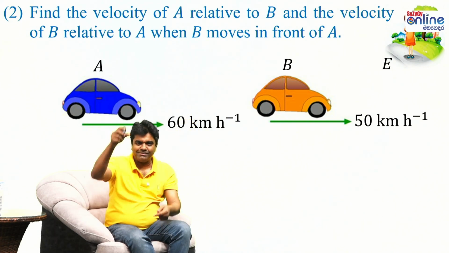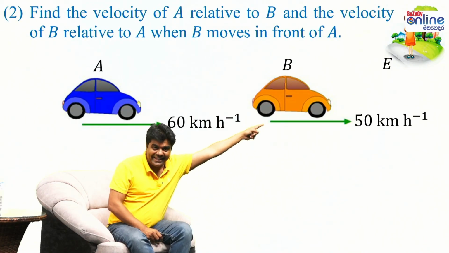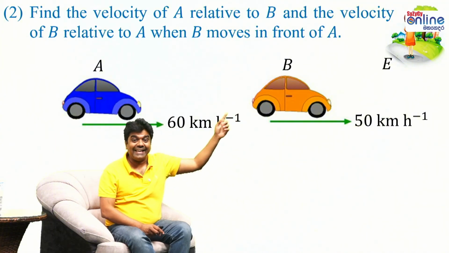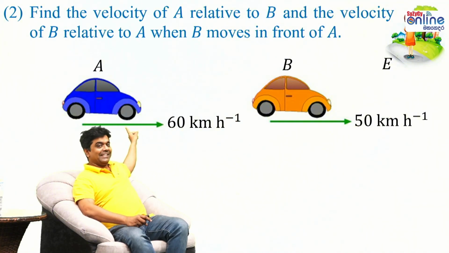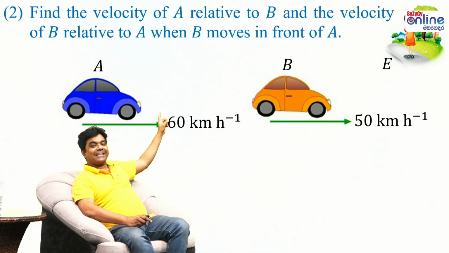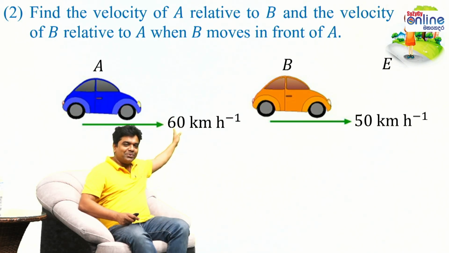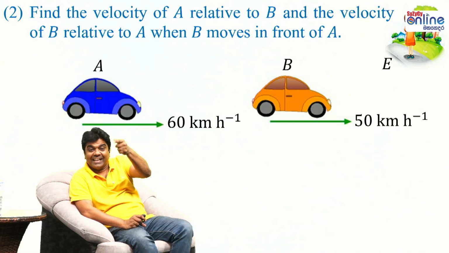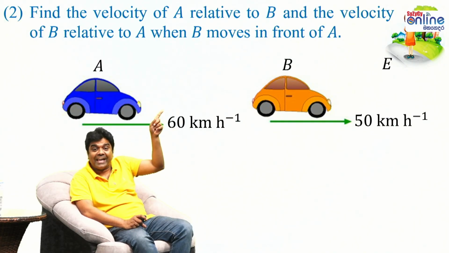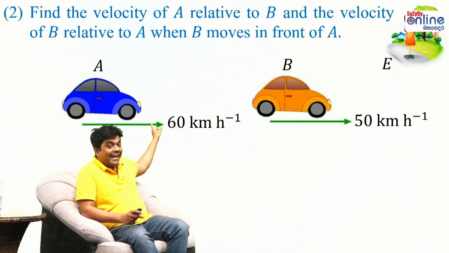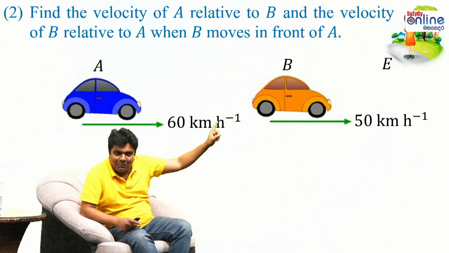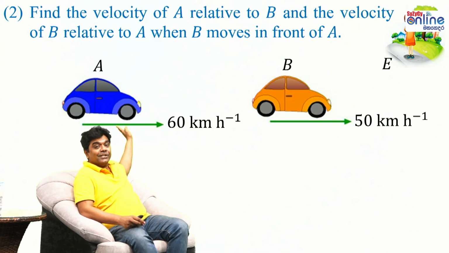So in simple terms, if you are in B, you see that A is coming towards you at 10. That is the 10 we were talking about. That is the 10 to the right. Velocity of A relative to B is 10 to the right.